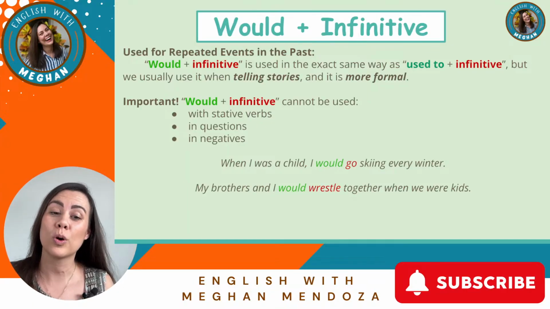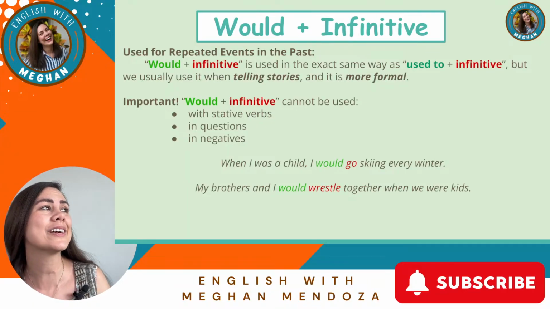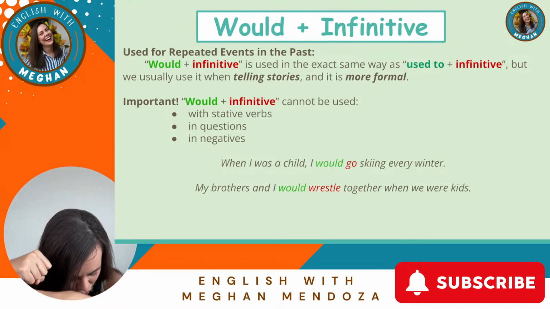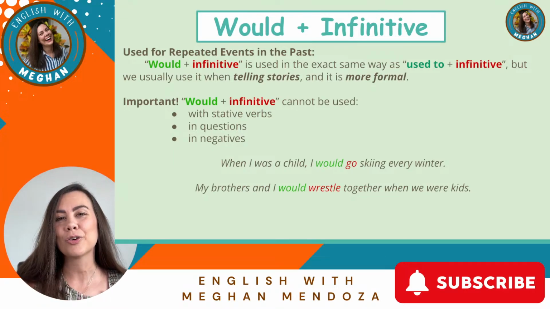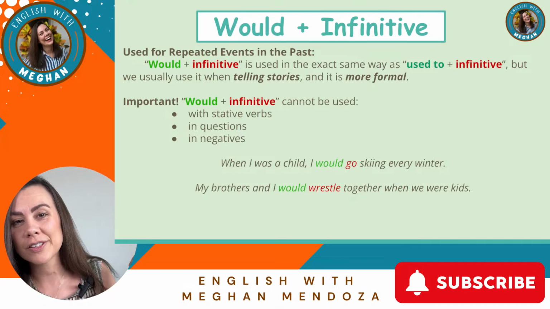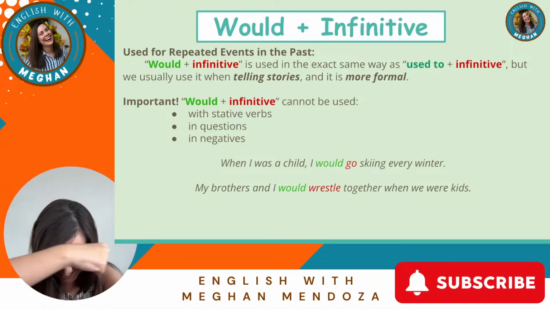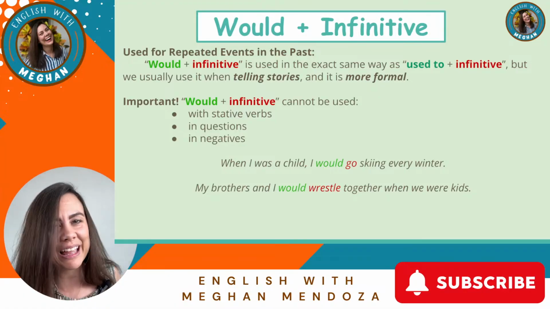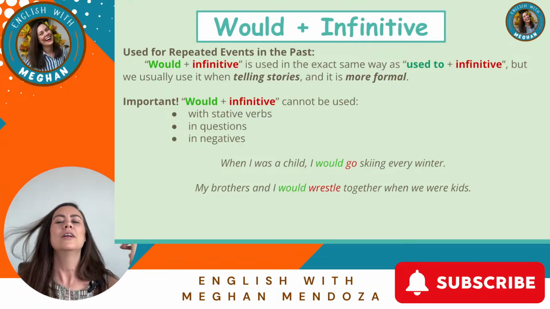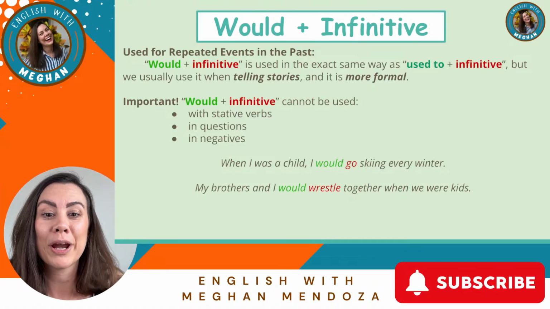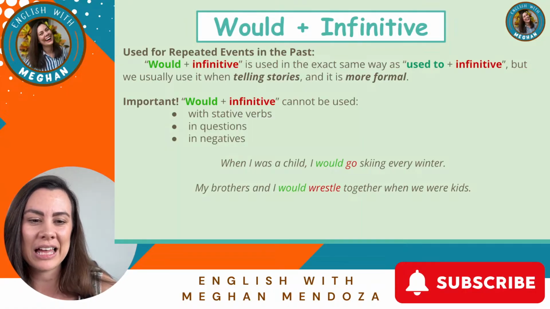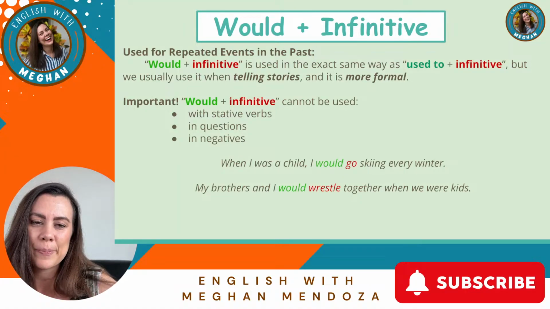You might think World Wrestling Federation. I grew up with three younger brothers. Brothers is boys only, right? So I was wrestling my brothers and playing American football all the time when I was a kid. I used to do that a lot with them. Wrestle. Be careful of that pronunciation.